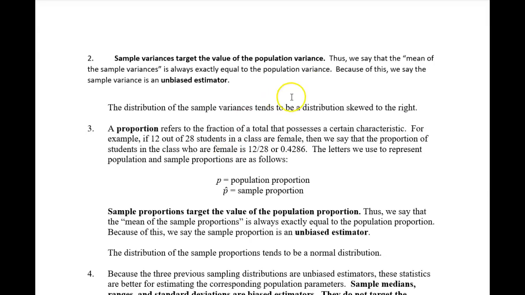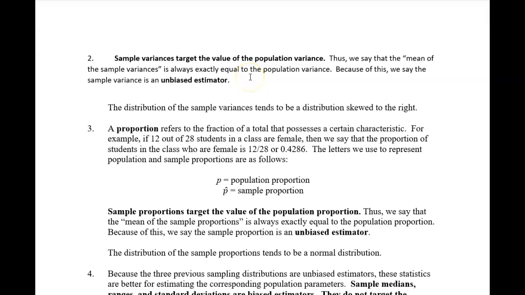So sample variances also target the population variance with that adjustment, the square root of n adjustment you saw on that formula. So if you are interested in information about a population, you can ask samples and you can get information about the mean of the population and the variance of the population. They will correlate to each other.